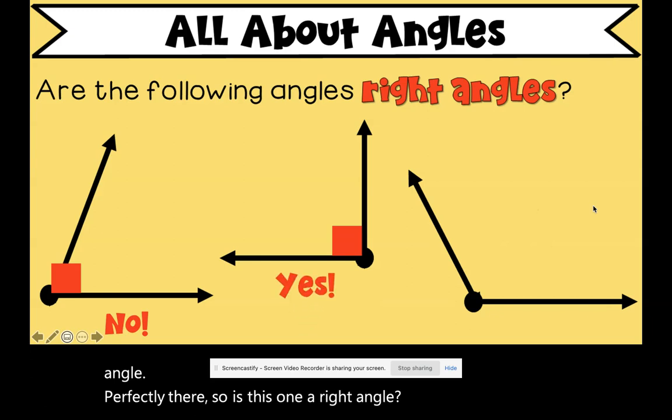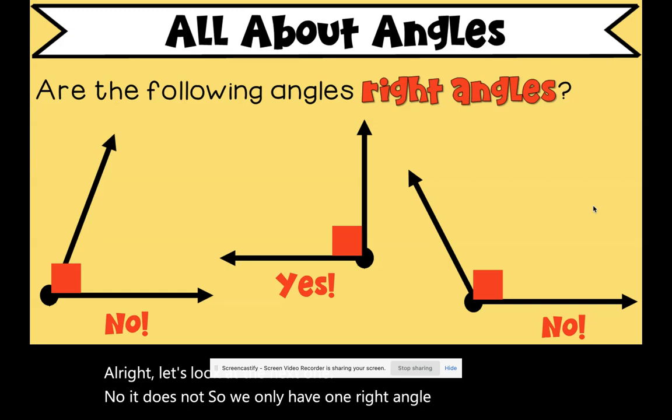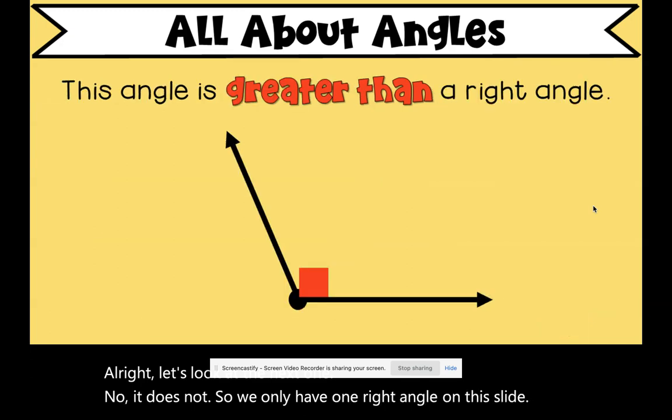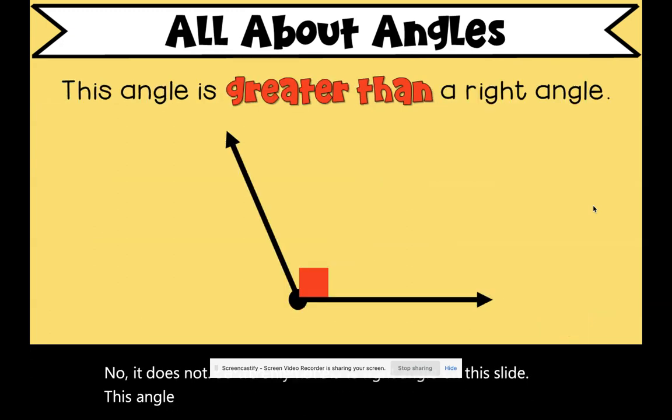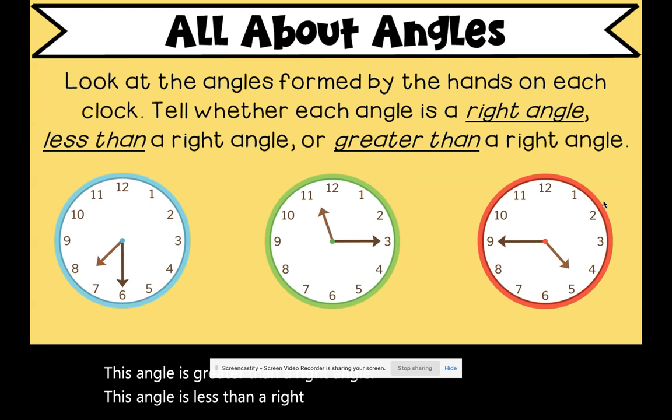Yes. All right, let's look at the next one. No, it does not. So we only have one right angle on this slide. This angle is greater than a right angle. This angle is less than a right angle.